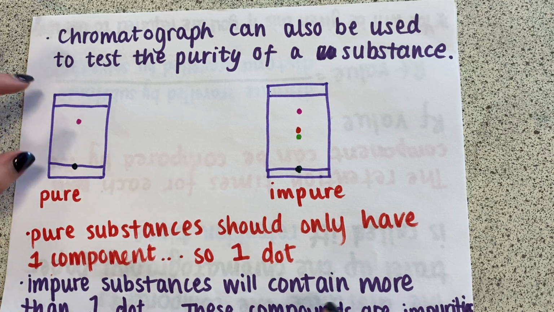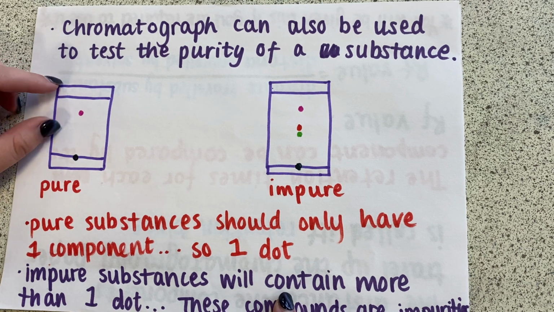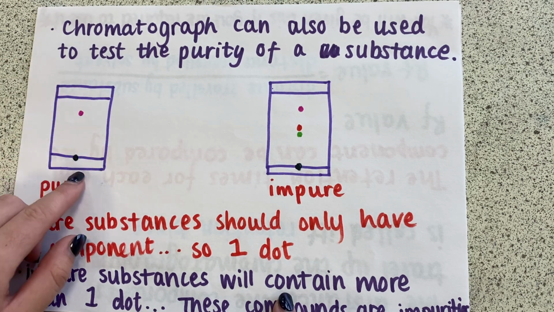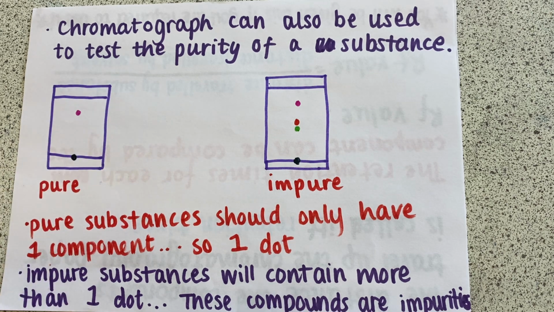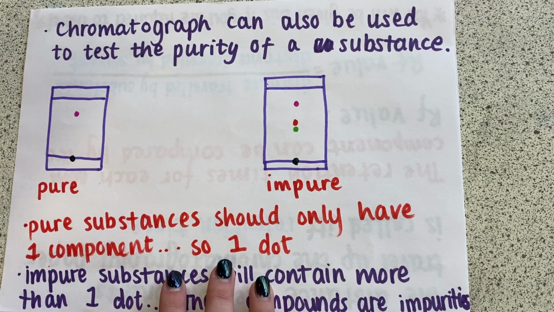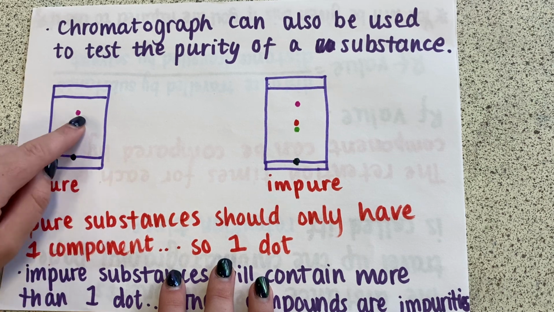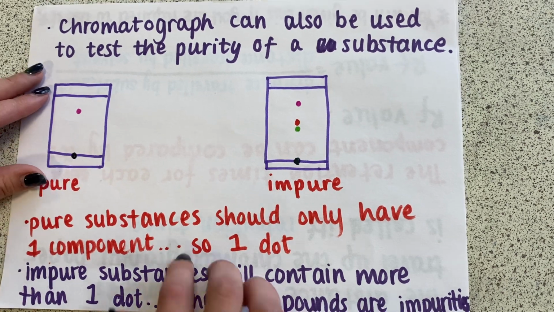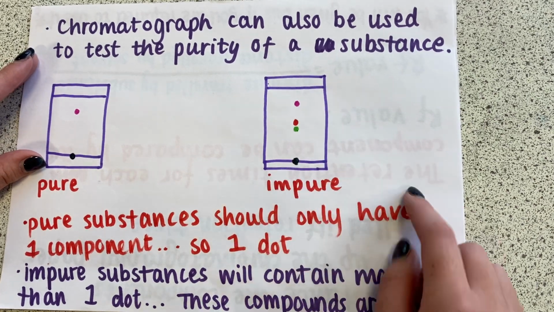Here we've got a chromatography paper showing a pure substance, so it only has one dot. For example, this could be used for seeing the purity of a tablet, let's say morphine. We could see that this only has morphine in it, whereas you could have an impure sample with different components in it.